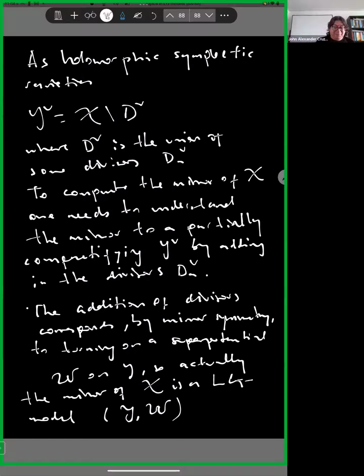So the actual mirror of this is a Landau-Ginzburg model, right?